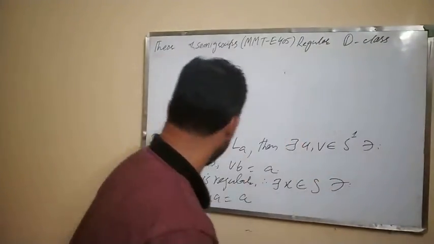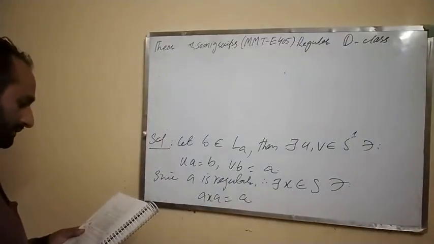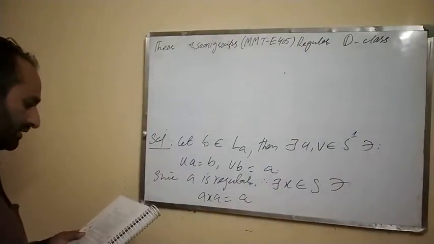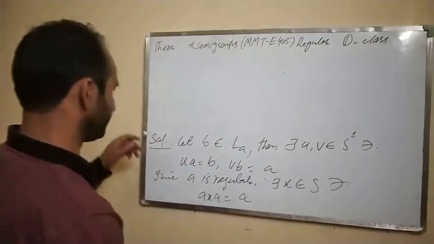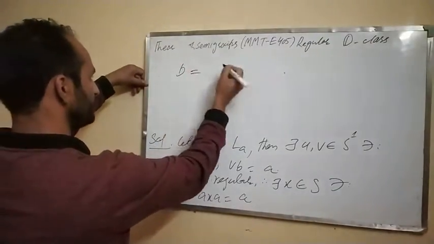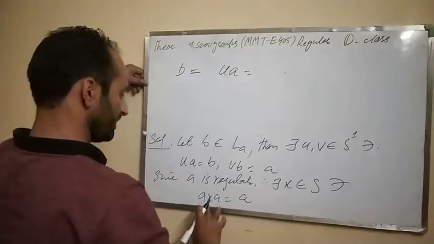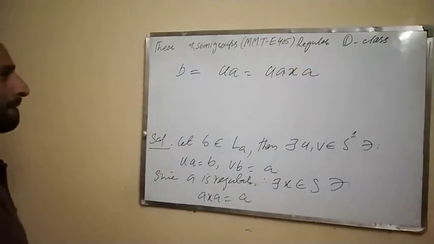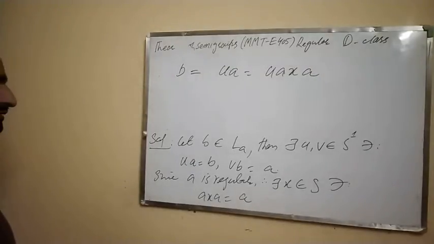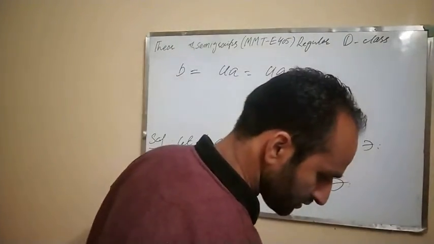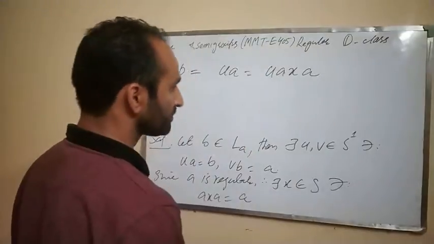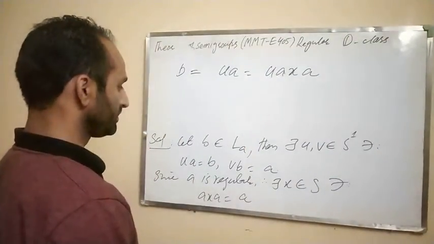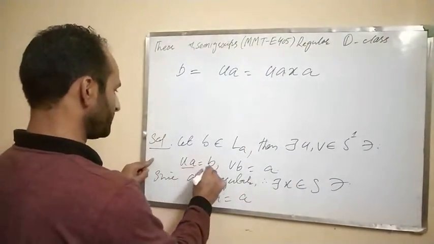So let's try to see this. We need to show that B is regular actually. What's B? B is equal to UA, and A is equal to AXA. So what's UA? UA is B here.